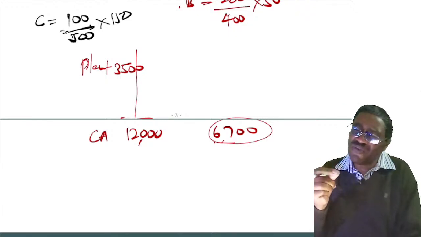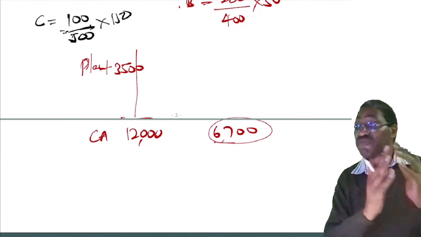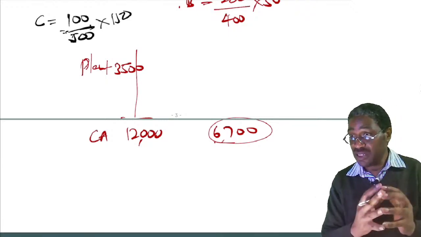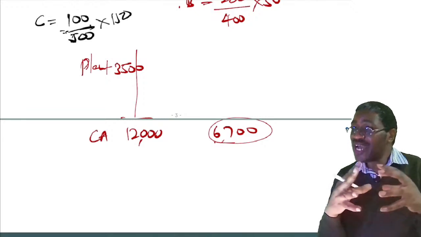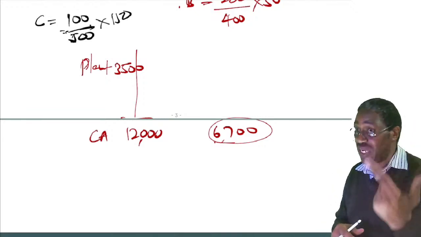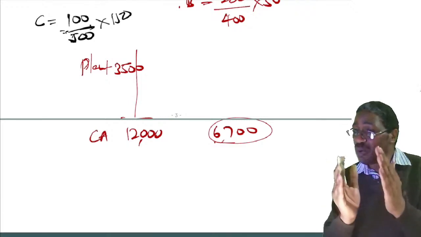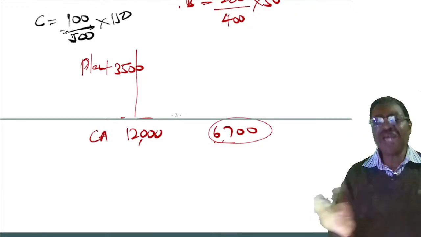So if one of the components of this plant has been destroyed beyond further use, then what is the examiner expecting you to do there? Listen, that asset that was destroyed can no longer continue being classified as an asset. What the examiner wanted you to do is to first remove it. You can't impair it.